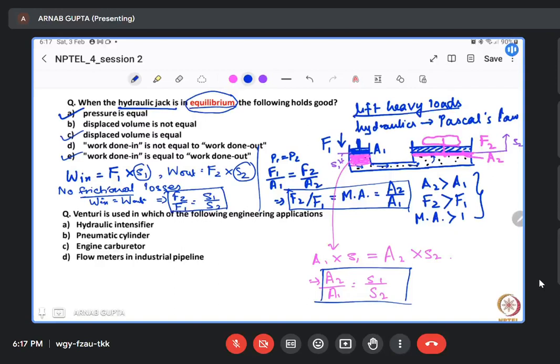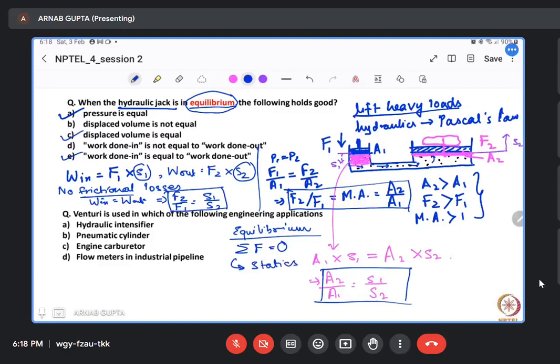This is one of the assumptions that we had to consider before proceeding into the problem. This is because equilibrium essentially means the summation of external forces on the system is zero. So this is your static.